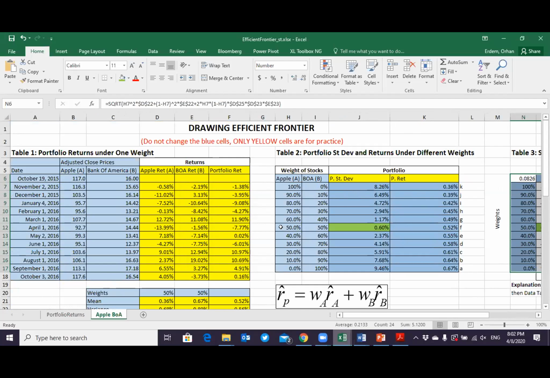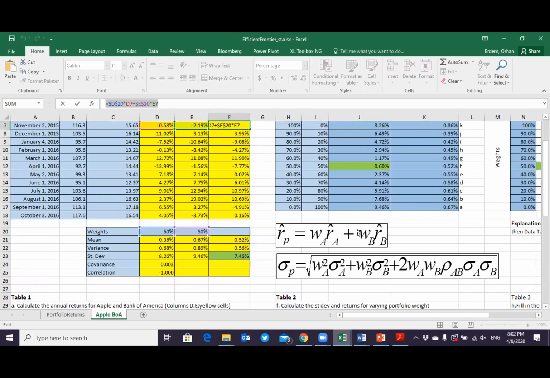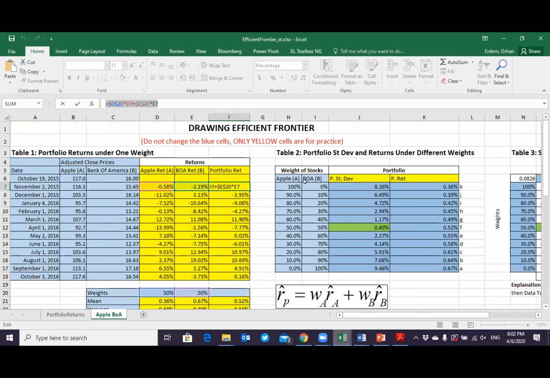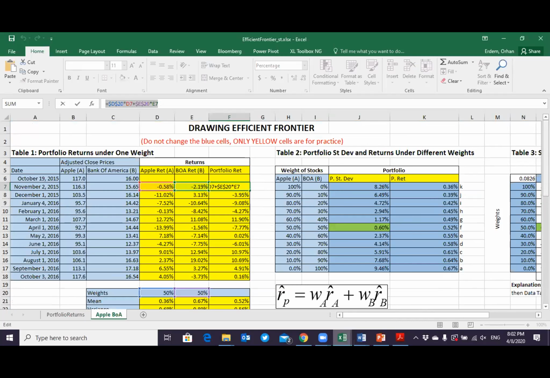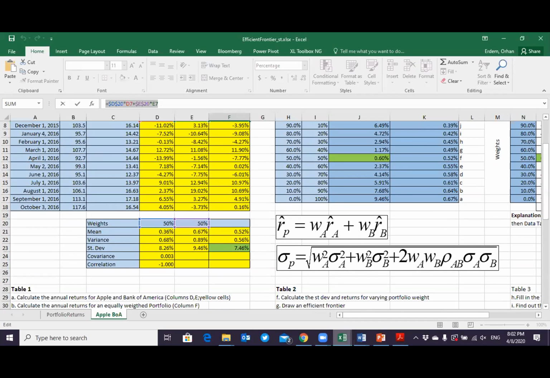First, a portfolio's return is always equal to this formula: first weight times first return, plus second weight times second return. Okay, a portfolio's risk is a formula which is very ugly. It's already here, so you do not need to memorize it. But the most important thing about the portfolio's risk, let me prepare a blank sheet here.